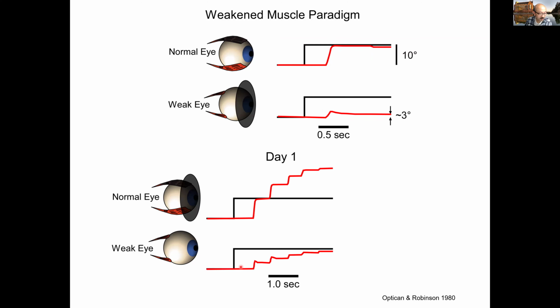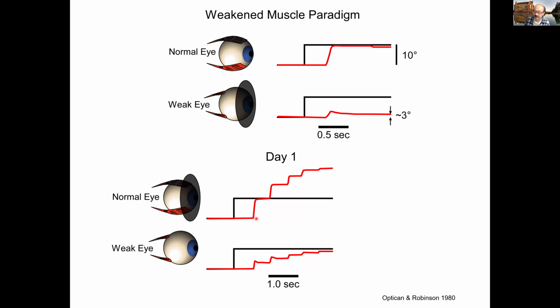So on day one, as you would expect, in response to the 10-degree target step, the weak eye will be very short, but it keeps on making corrective saccades and eventually reaches close to the 10-degree target.